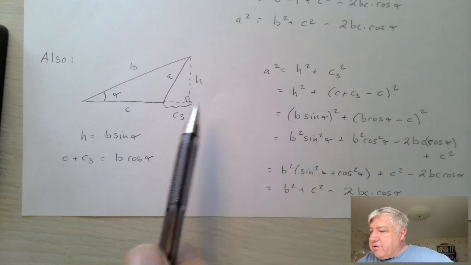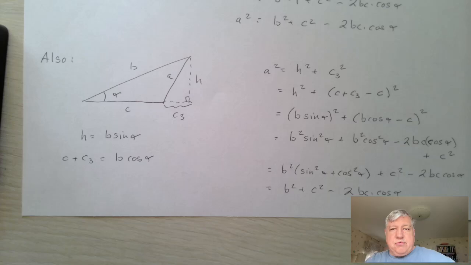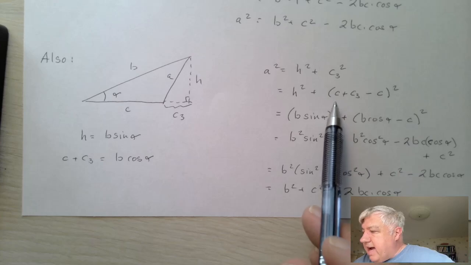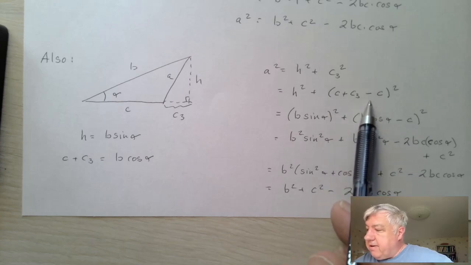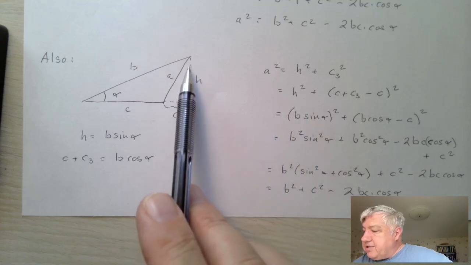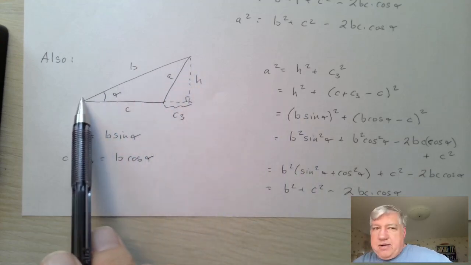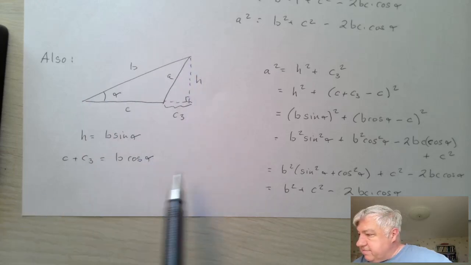Then we can use the Pythagorean theorem on this smaller right triangle. You get a squared equals h squared plus c3 squared. And then we do a little trick of adding and subtracting c here, and then we can replace h. H of course is b sine alpha, because b is the hypotenuse of this bigger right triangle.